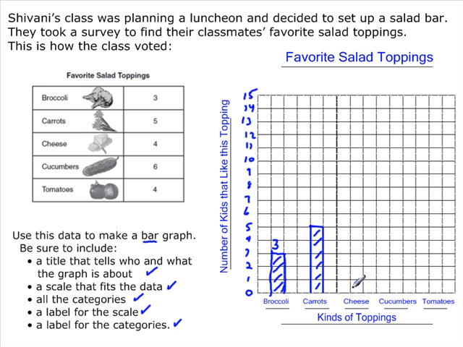So let's do cheese just going up to 4. We could certainly make these bars wider if we wanted to. We don't have to. The thing we may want to be consistent about is if we're going to start labeling at the top the height, so then this is 3, then this would be 5, this would be 4, and then we have 6 for cucumbers, which is up here.